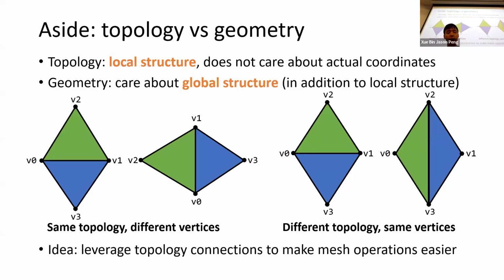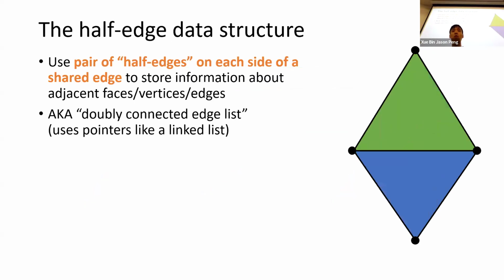Now let's take a look at how we can leverage this characteristic to design a more efficient data structure. So one widely used data structure for geometric representation is the half-edge data structure.